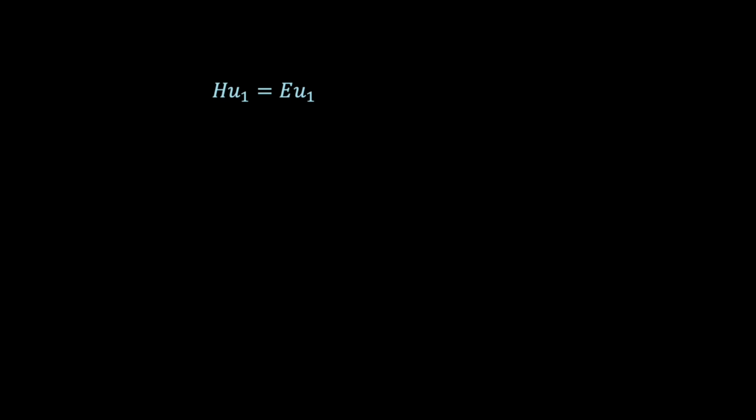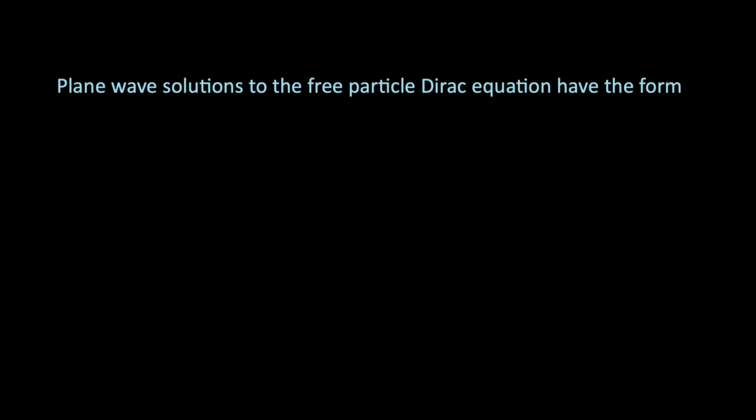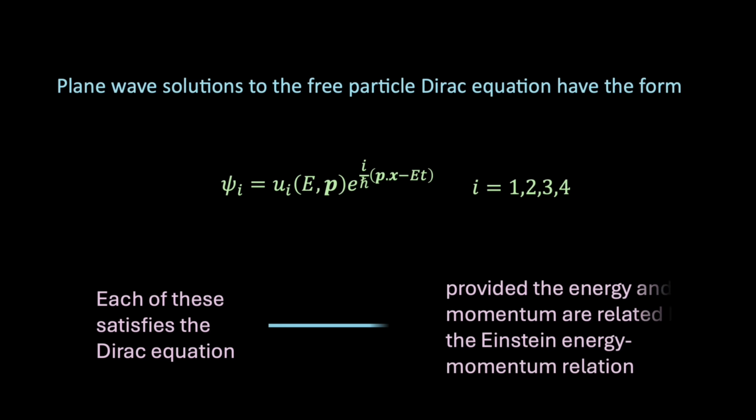And if we then repeated the same process for U2, U3 and U4, then we would find that each of these are also energy eigenstates, with the energy being positive for U1 and U2 and negative for U3 and U4. And so, in summary, we see that plane wave solutions to the free particle Dirac equation have the following form, with i equals 1, 2, 3, 4, and each of these satisfies the Dirac equation, provided the energy and momentum are related by the Einstein energy-momentum relation.